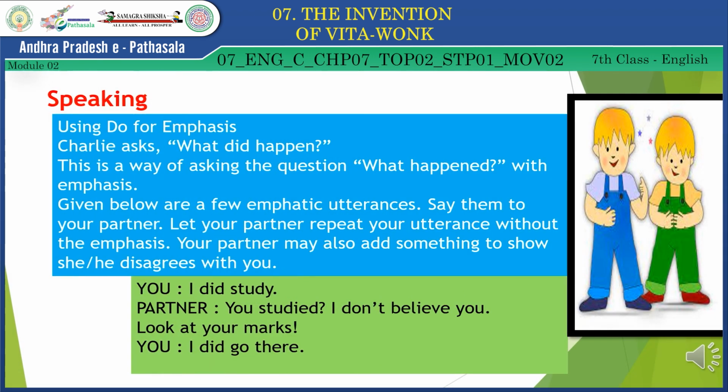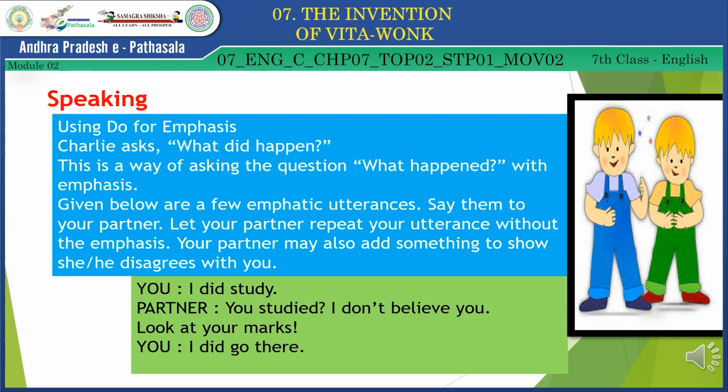Now the speaking task. Using do. Here, for example, I can question what happened, which means what happened simply. If I ask what did happen, it emphasizes the question with stress. Given below are a few emphatic utterances.